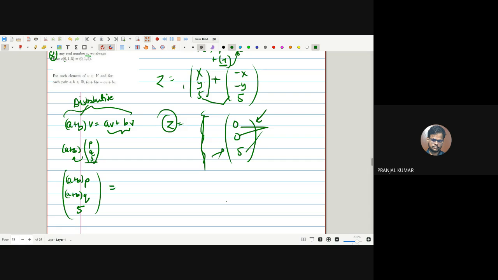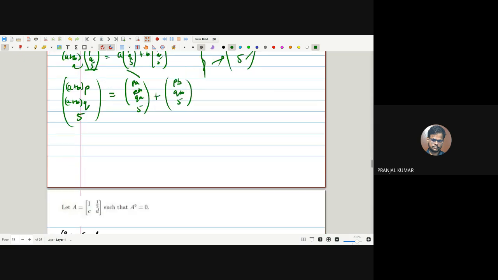Now what about the RHS? The RHS is a times (p, q, 5) plus b times (p, q, 5). First of all you have to scale this vector by a and this vector by b. So this will become (pa, qa, 5) plus (pb, qb, 5). Now you have to add these two vectors.